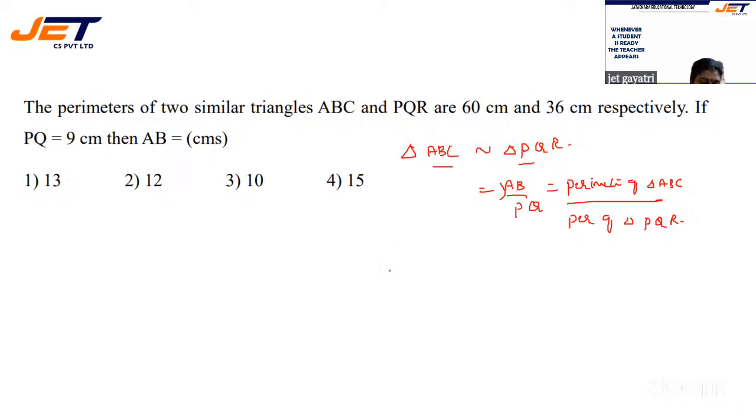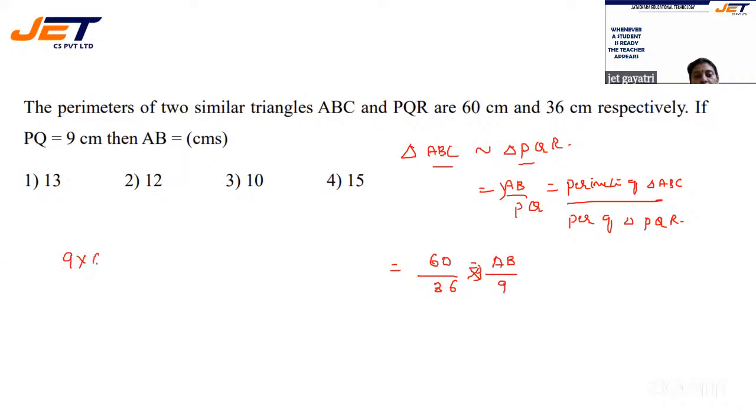So the perimeter of ABC is 60 by PQR is 36, which is equal to AB by PQ. We don't know AB, but we know PQ is 9. So you just have to cross multiply.